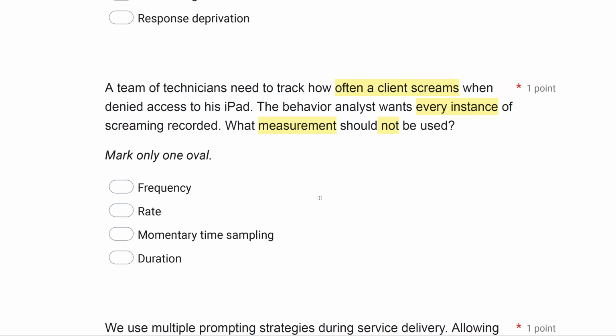If we're using momentary time sampling, if we're using discontinuous measurement, we're typically not capturing every instance of screaming or a behavior. And then duration, also continuous, also capturing every instance. Again, could be used. We're looking for the answer. What should not be used, and out of these 4, it's going to be the discontinuous measurement procedure.